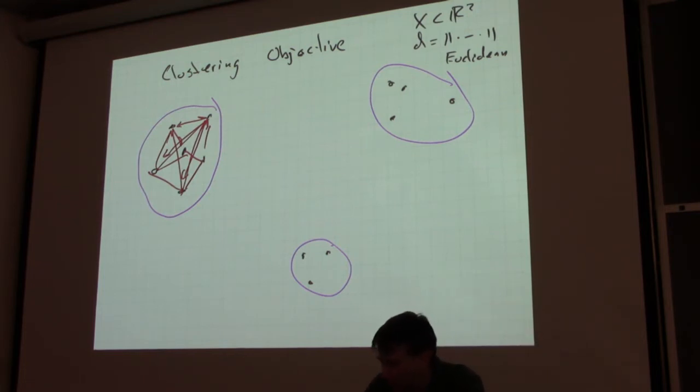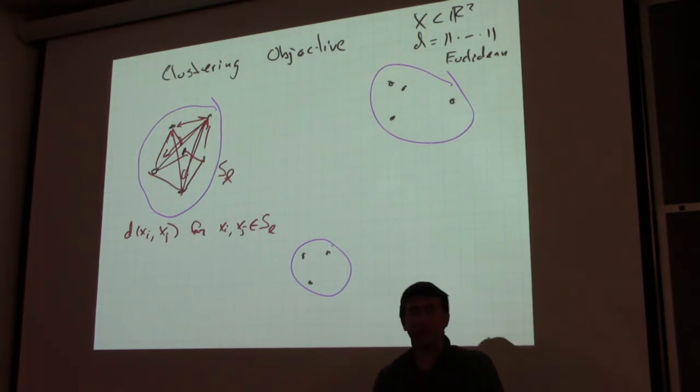So we're going to look at all of the d of xi and xj for xi and xj in, say, S_L. Say this is cluster S_L.